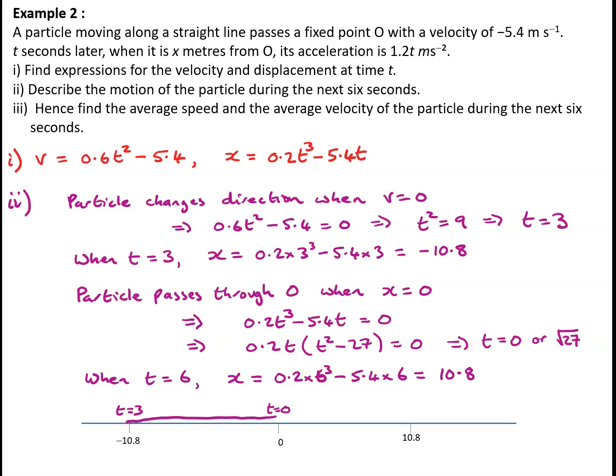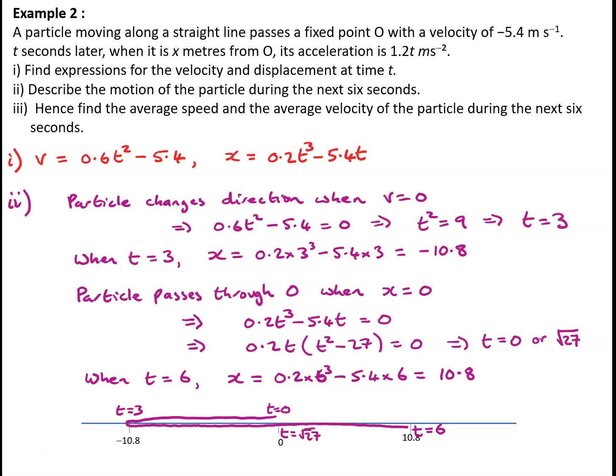It then moves out to x equals minus 10.8 when t equals 3. It then changes direction and goes back through the point O when t equals root 27, and it ends up at x equals 10.8 when t equals 6.